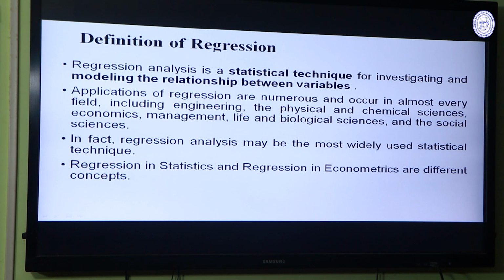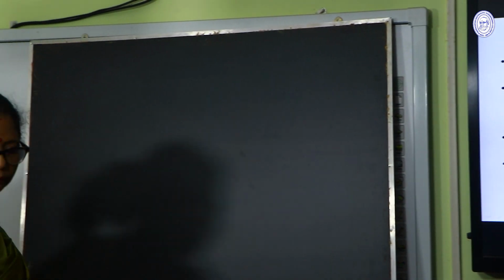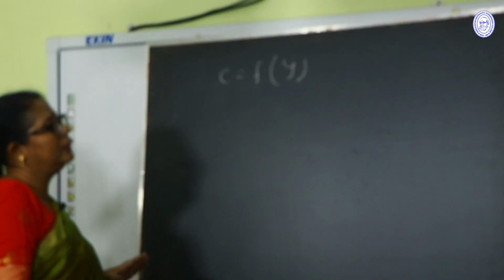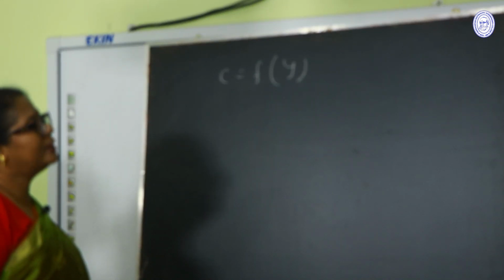Now, the difference between statistics and econometrics is that in case of statistics, suppose we are talking about linear regression, then we can form one regression relationship by the equation of a straight line. We know that consumption is a function of income. We try to find out the relationship between consumption and income by constructing one linear regression equation and then solving it.